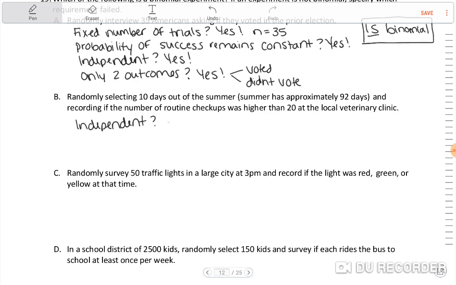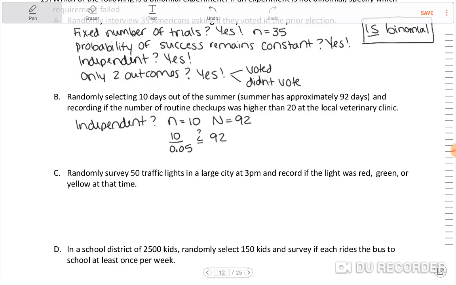So if n is equal to 10, but my total number of days is 92, I want to know, is 10 divided by 0.05 less than or equal to 92? I'll put a question mark above that. So let's find out.